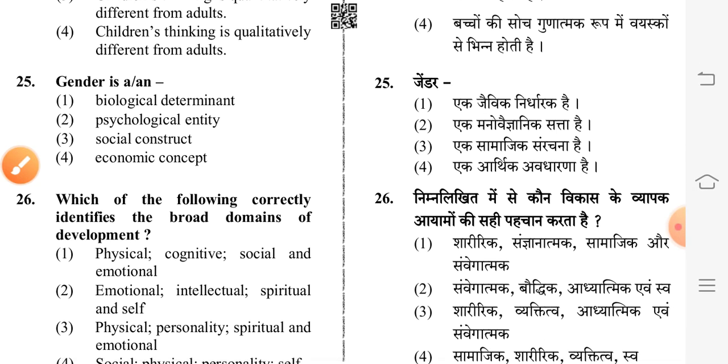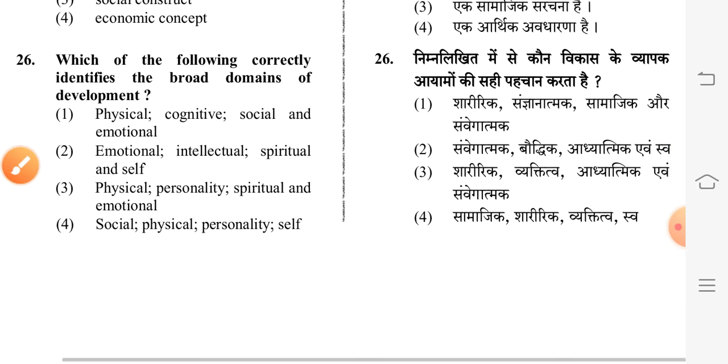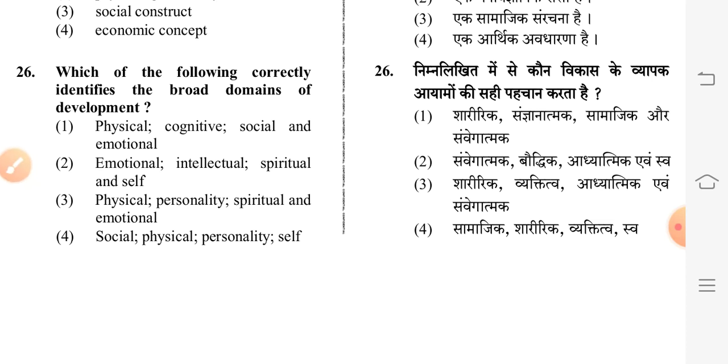Next question, 25th question, gender is a or an. Third option is correct, social construct. Next, 26th question, which of the following correctly identifies the broad domains of development?